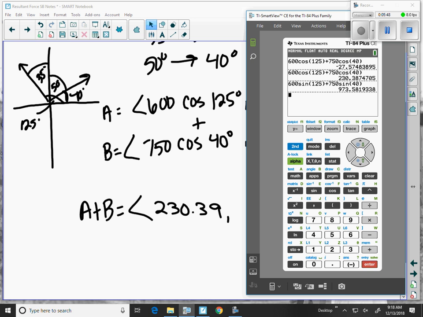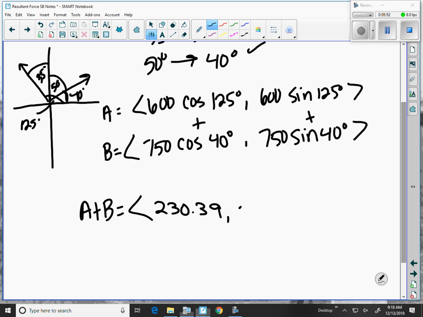That one should be 973.58. So that is the component form for the resultant force on both. So both forces coming together, that's your resultant force, basically, is when you add them.